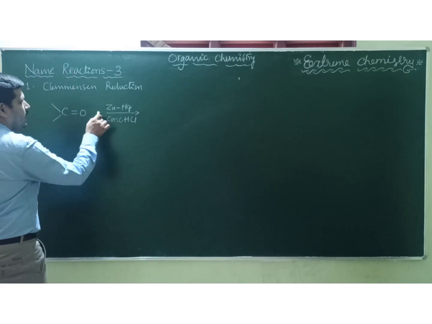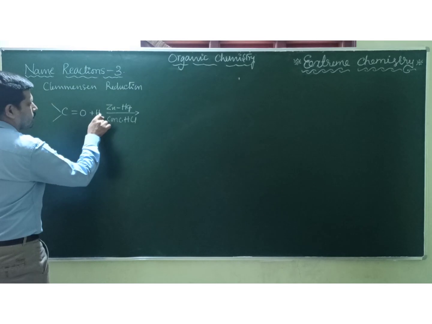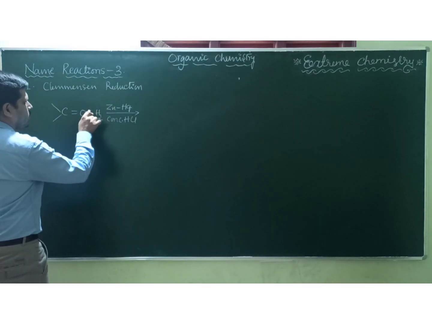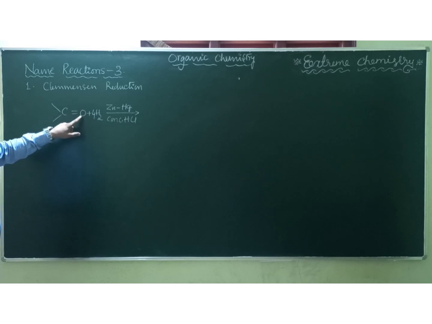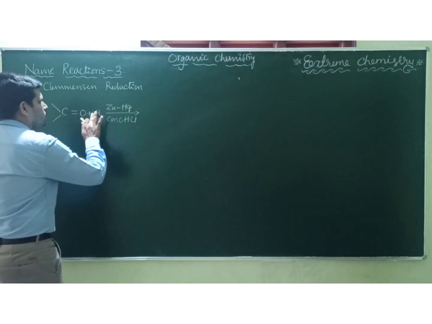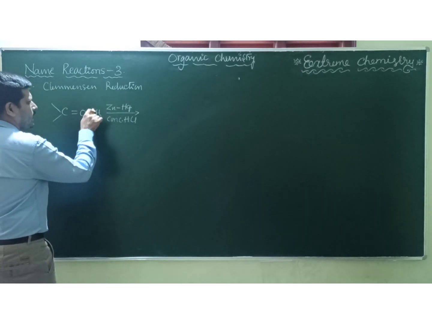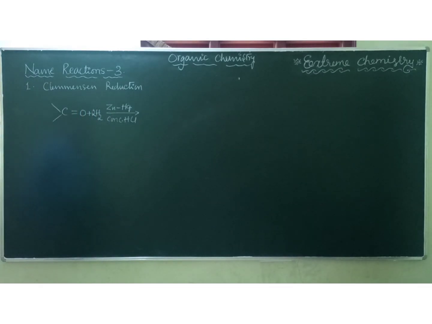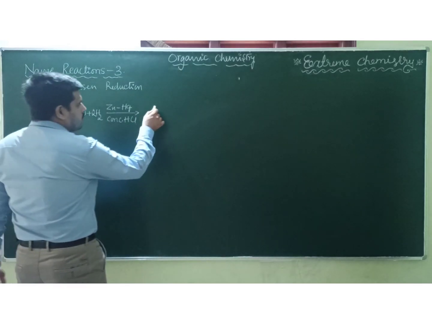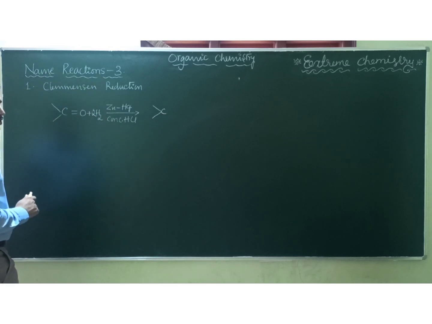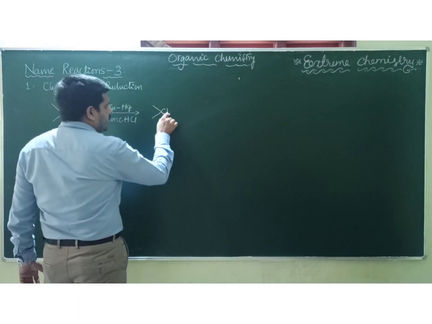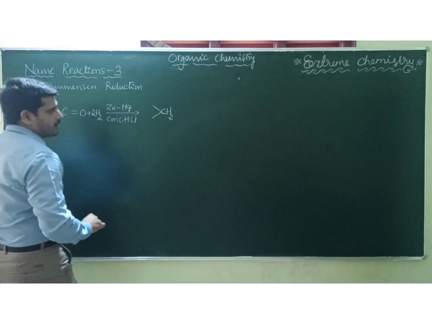So what it does is supply hydrogen. How many do you require here? 4. Why? Because H2O is to be removed and 2H2 is to be added, so 4 hydrogen atoms. I can write it in terms of molecules, 2 hydrogen molecules. So what happens now? The carbonyl functional group, which was originally on the reactant side, now gets converted into an alkane.